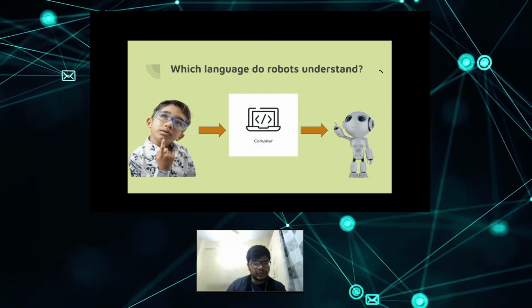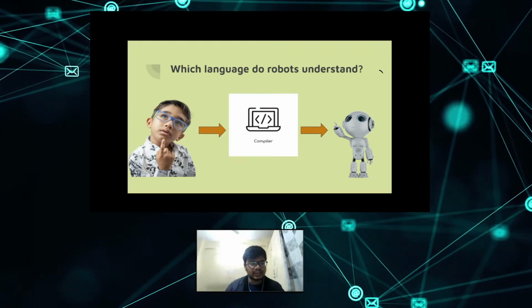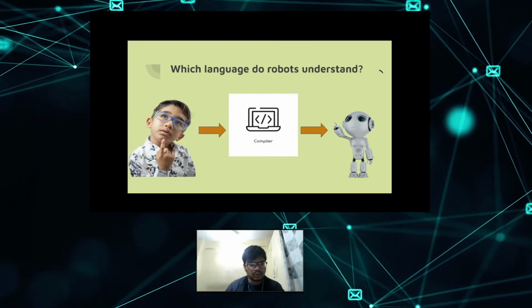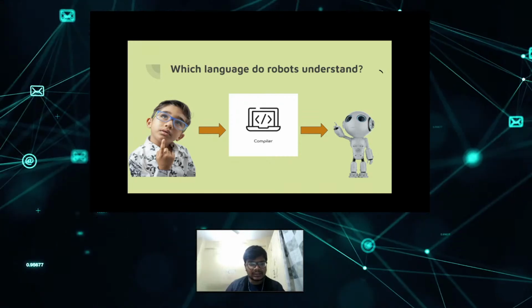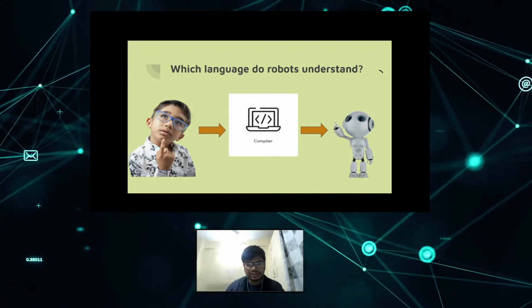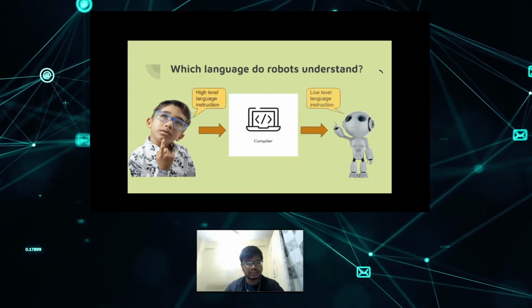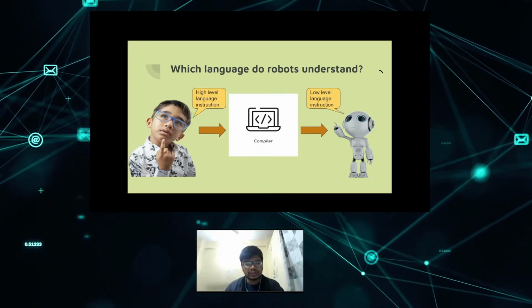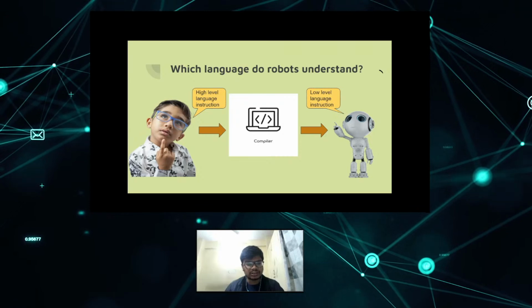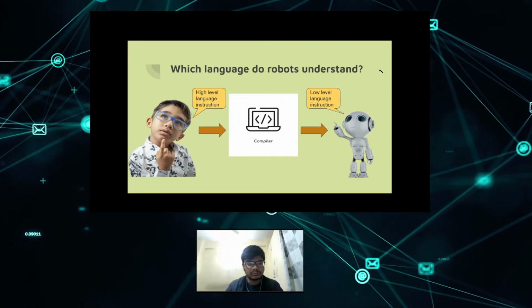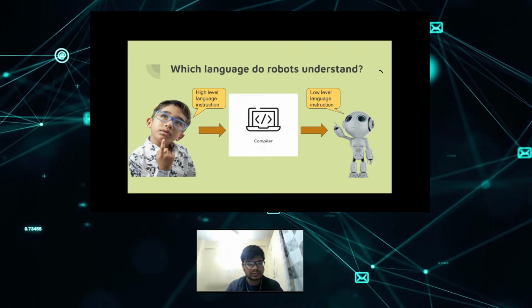We humans can write the high level language code, and the compiler then converts the high level language into low level language which is understandable by the machine. This is how the robot understands what we instruct it. So in between there is a compiler which converts that.